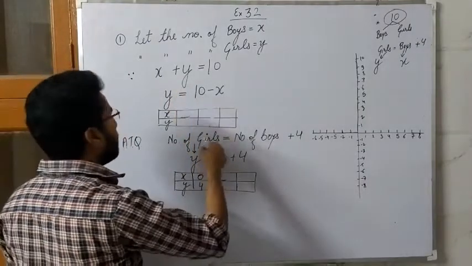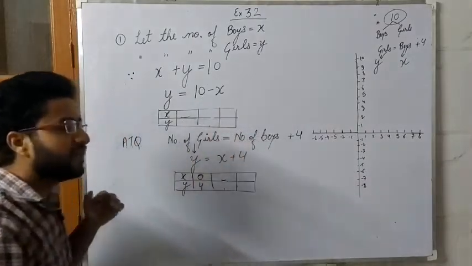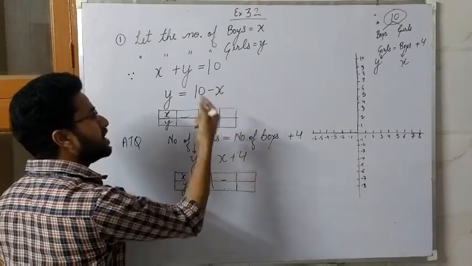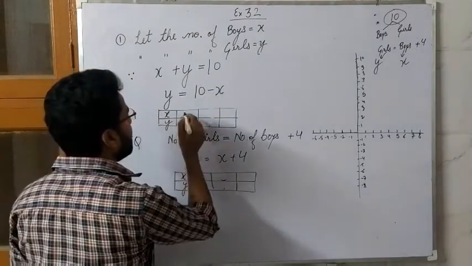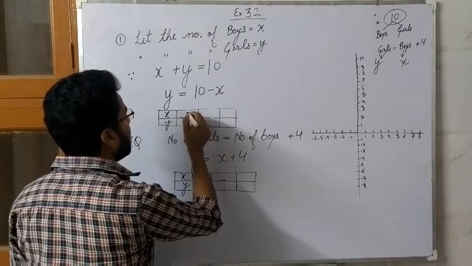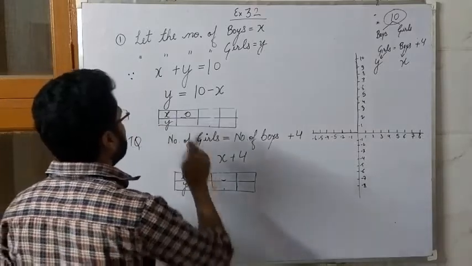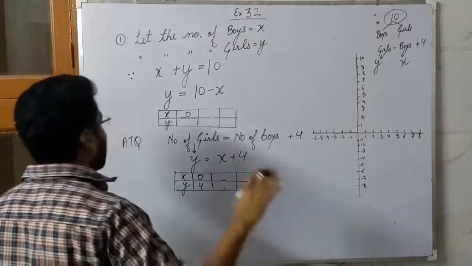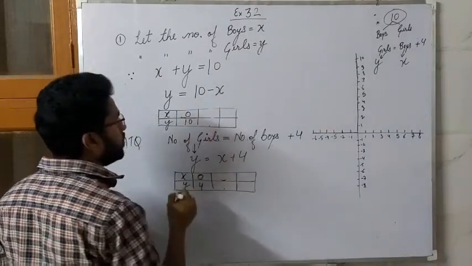Now to find the solution graphically, like we have done in 9th class, we find y in terms of x. After this, we will put values of x and find the values of y. First of all, let's put x equals 0, then this will give y equals 10.